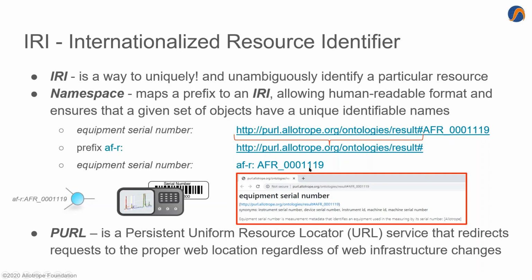And we can get the description of this identifier on the PURL server. The PURL, which is a persistent URL service that redirects requests to the proper web location regardless of the ever-changing web infrastructure. So we have a snapshot of the PURL description of the equipment serial number.